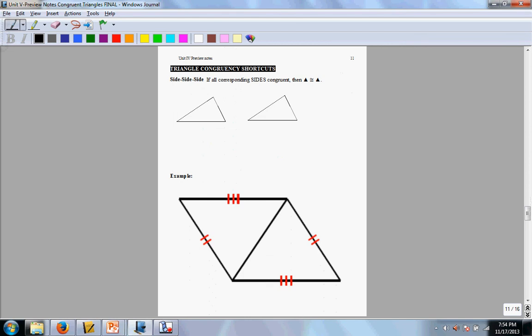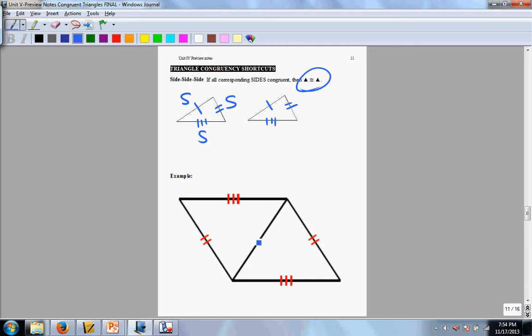The first one is called the side-side-side shortcut, and that is if we have 3 pairs of congruent sides. So hatch mark, put an S, double hatch mark, put an S, triple hatch mark, put an S. If you have 3 pairs of congruent sides, then the triangles are congruent.